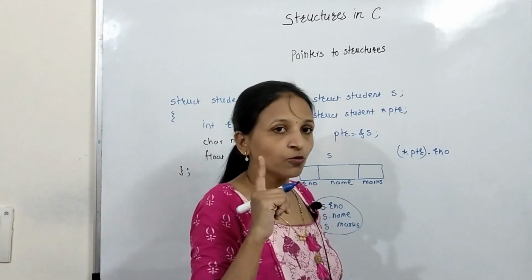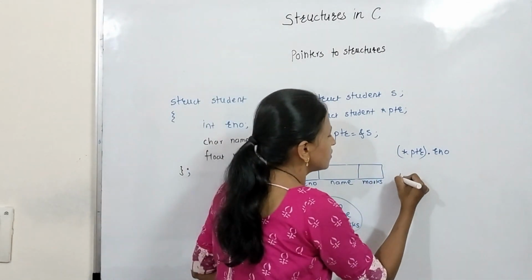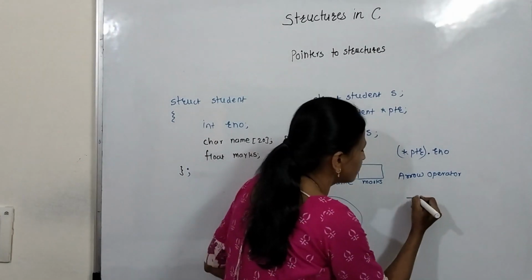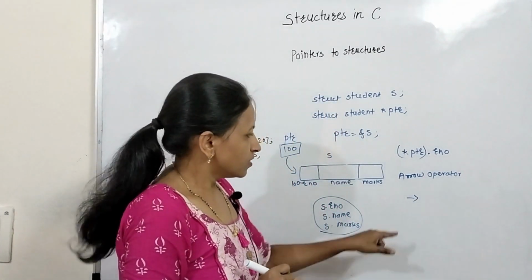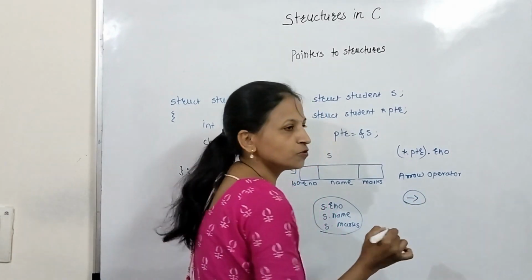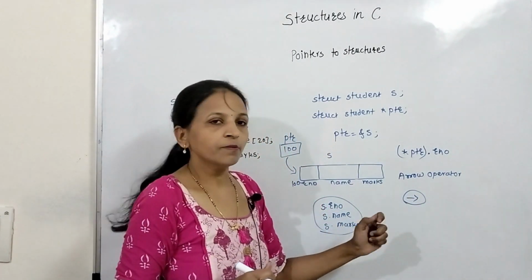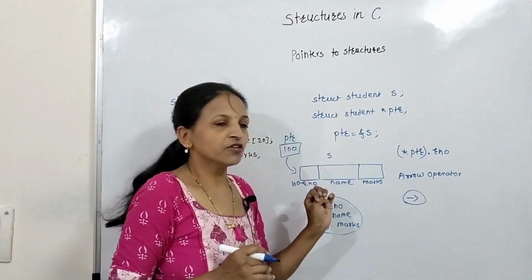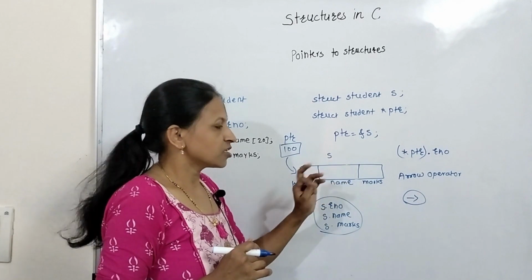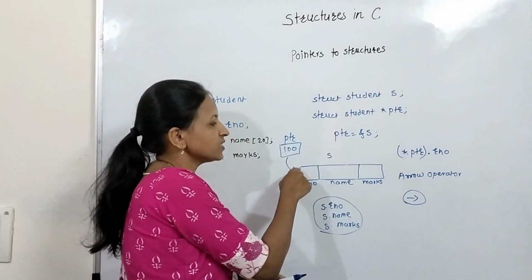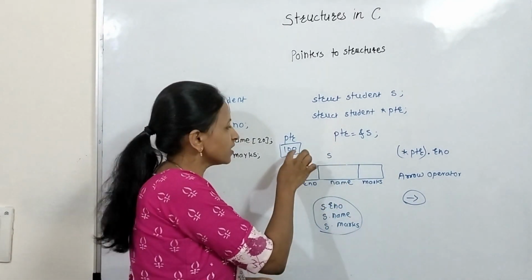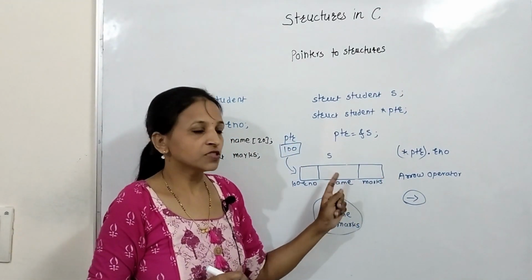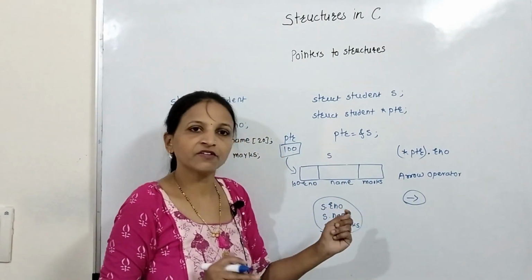But instead of that, there is one more better way. We can use one more operator, that is the arrow operator. The arrow operator is like this. We have to write a hyphen and then this symbol; these two together form the arrow operator. Now with ptr you can use the arrow operator directly to fetch individual members of that structure variable, because ptr has the address of this S. If you want to access these individual members indirectly using ptr, you can use the arrow operator with ptr.